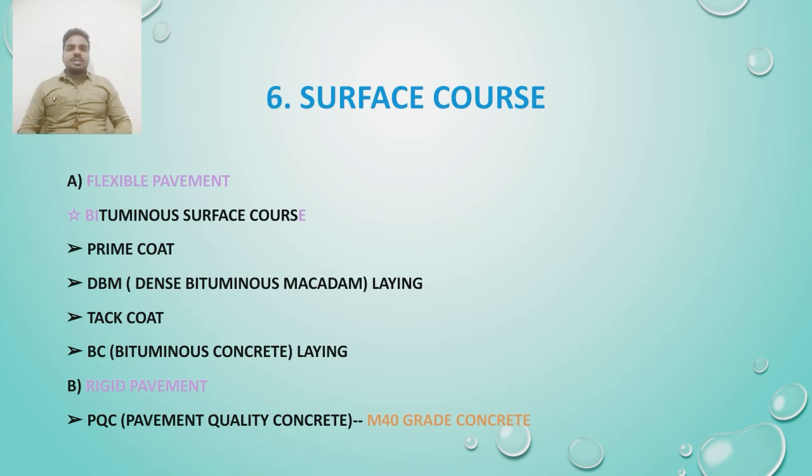For construction of bituminous surface course, first of all we apply prime coat. Prime coat is an application of a low viscosity bitumen emulsion over a granular base, preparing an initial layer for laying an asphalt mixture on it.